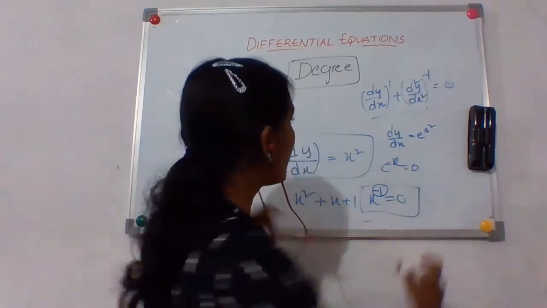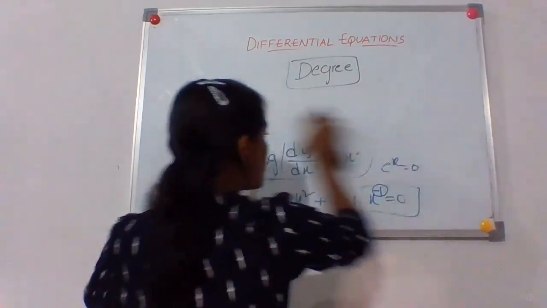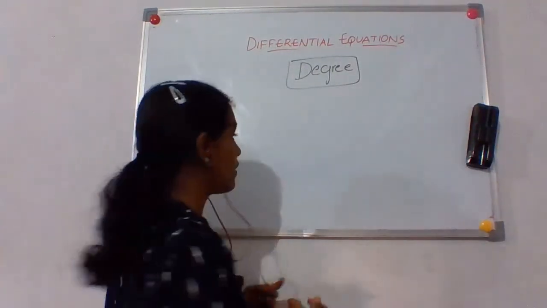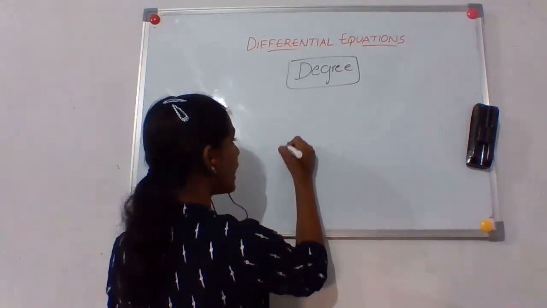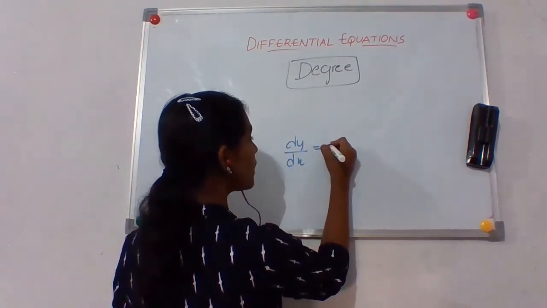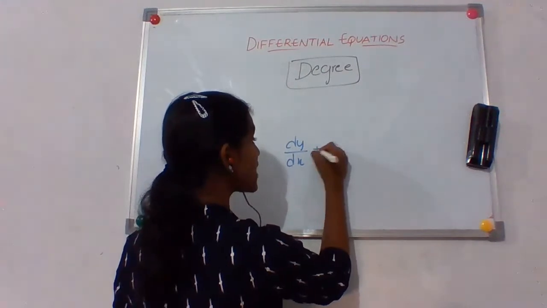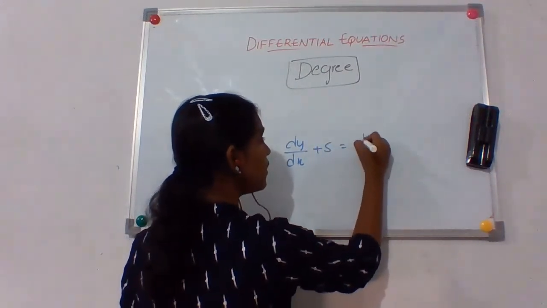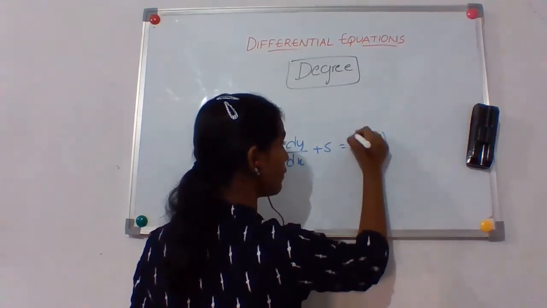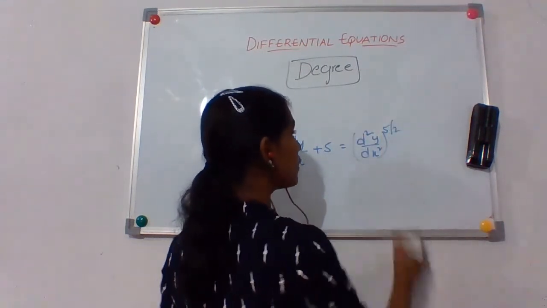Now look at another equation. dy by dx plus 5 is equal to (d square y by dx square) whole power 5 by 2.